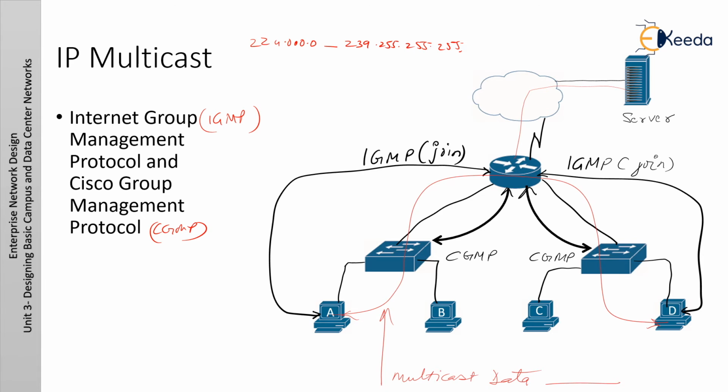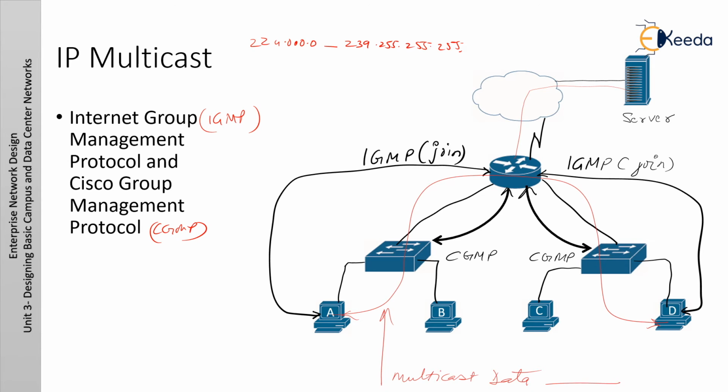Hosts register with the router to join and leave a specific multicast group. The router then knows that it needs to forward the data stream destined for a specific multicast group to the registered host. In a typical network, hosts are not directly connected to routers but are connected to a layer 2 switch, which is in turn connected to the router.